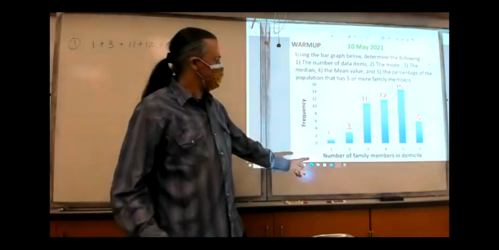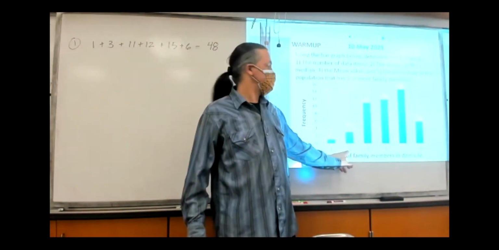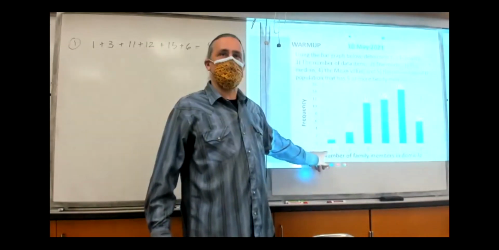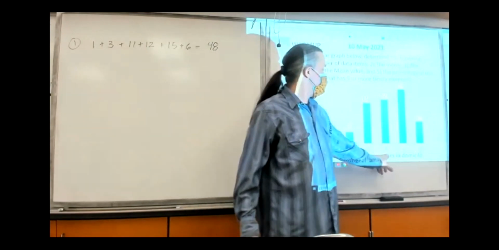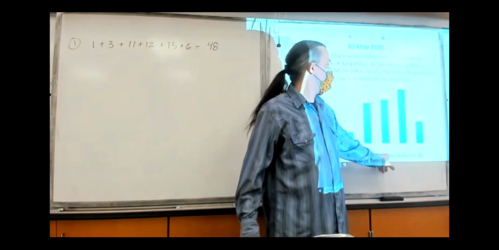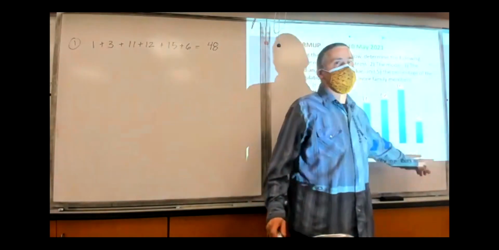To find out how many people, we'd actually have to multiply. So there's 1 group of 1 person, 3 groups of 2 people, 11 groups of 3 people, 12 groups of 4 people, 15 groups of 5 people, and 6 groups of 6 people.